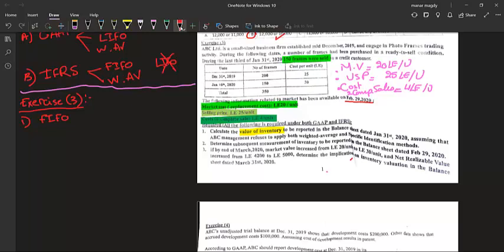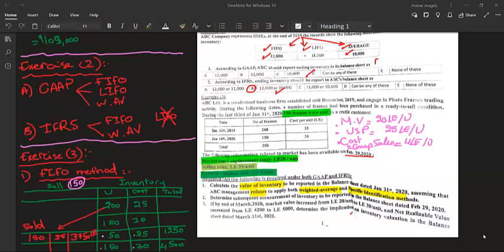Since it refuses to apply weighted average and specific identification, we're not going to use them. So the remaining method is FIFO. How to use the FIFO method? FIFO means first in, first out.